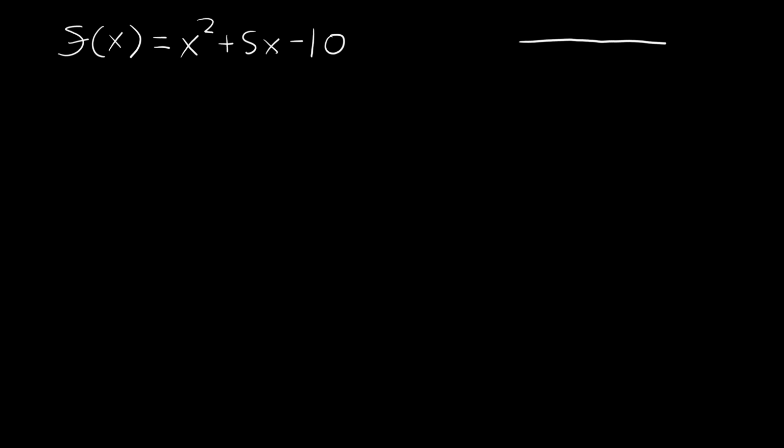So another problem can be f of x equals x squared plus 5x minus 10. Then we have the definition of the difference quotient, which is f of x plus h minus f of x all over h. So the first step will be to plug everything in.